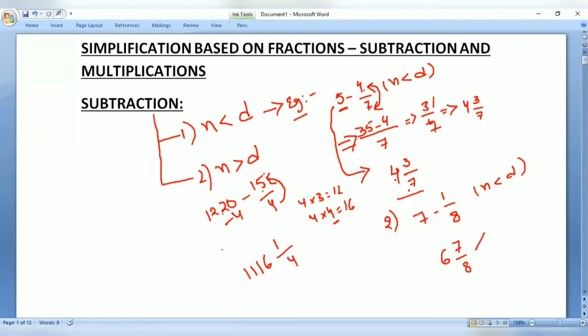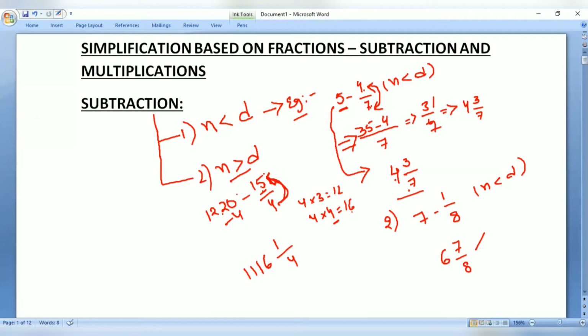I repeat the concept once again. Whenever the numerator is bigger than the denominator, we need to identify how many times the denominator will be multiplied or cancelled with the numerator. Always take the value more than the numerator. So 4 into 4 is 16.